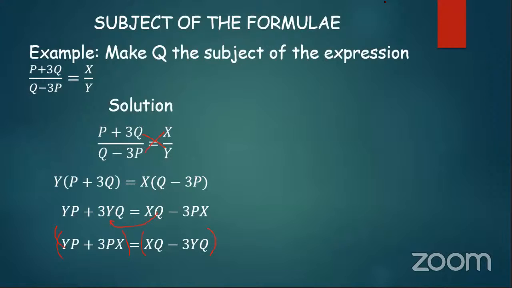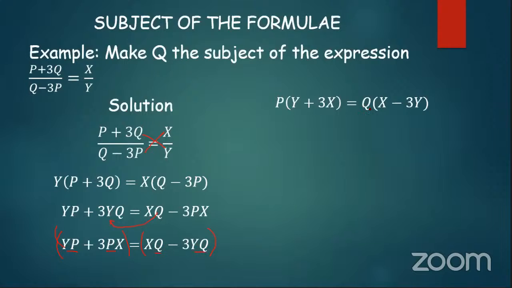Okay, let's proceed. So the common factor here on the right hand side would be P. So we can decide to pull it outside, and when we pull it outside, we shall have 3X, since we have moved the P out, disappearing.